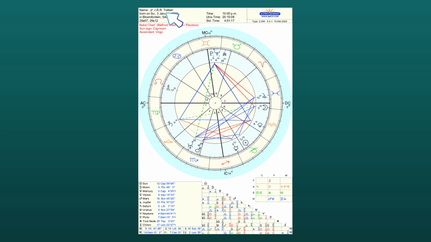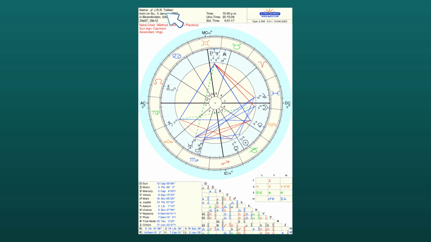If you can't, for whatever reason, find the exact birth time, you can use the time of noon, and that will give you a pretty close guesstimate of what the natal chart might look like. And there are methods for pinpointing an exact birth time. I'm not familiar with them, but I know that there are methods, and you could probably look them up and try to figure out how you would do that.